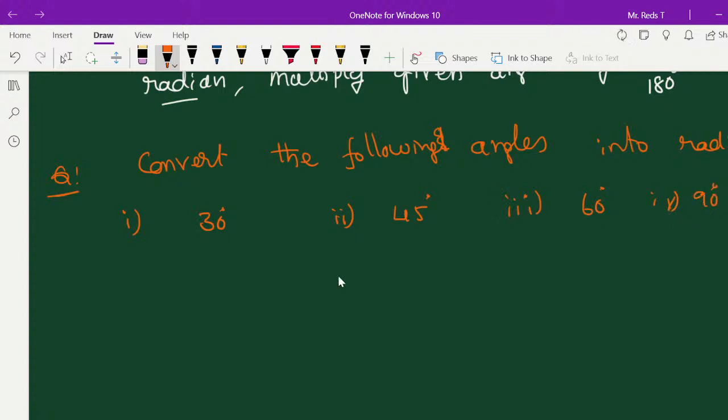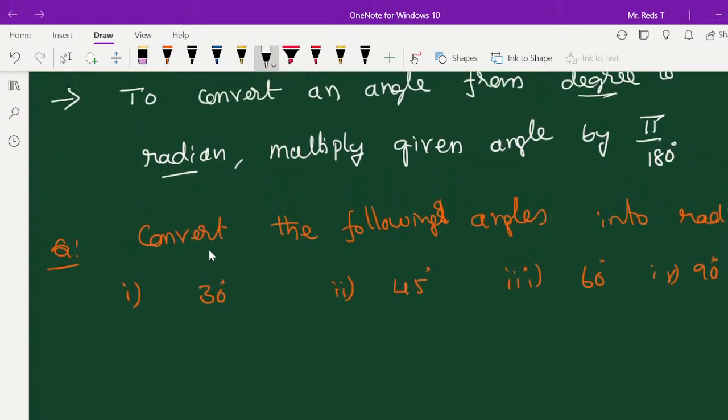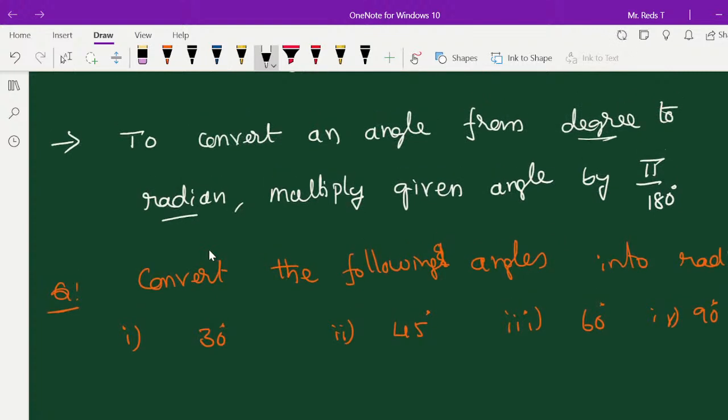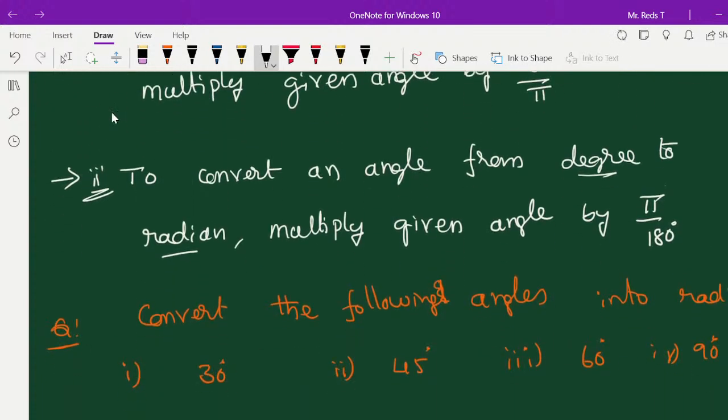So how to convert? Let us see here. Go back and observe: the angles are given in degrees and you want to convert into radian. So to convert an angle from degree to radian, see this second point. This is the first point, and this is the second point.